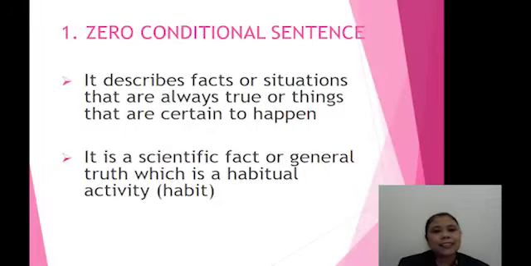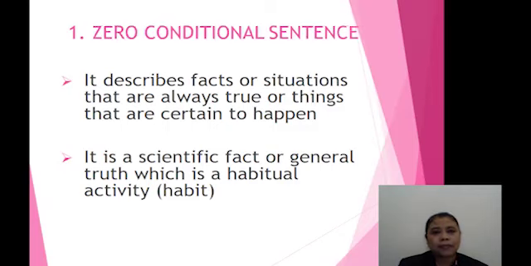Zero conditional sentences describe facts or situations that are always true or things that are certain to happen. It is also used for scientific facts or general truths, which is a habitual activity or habit.